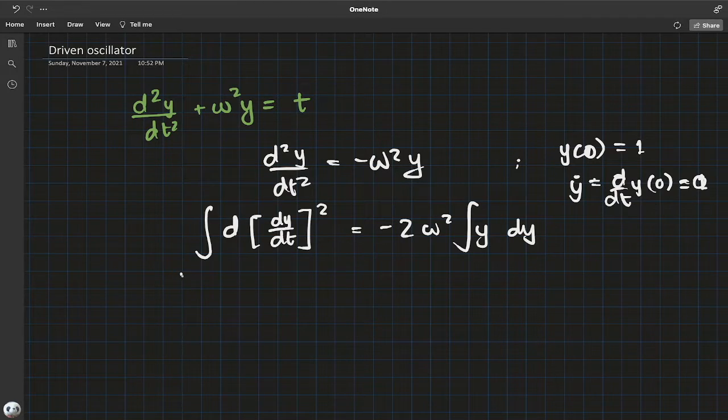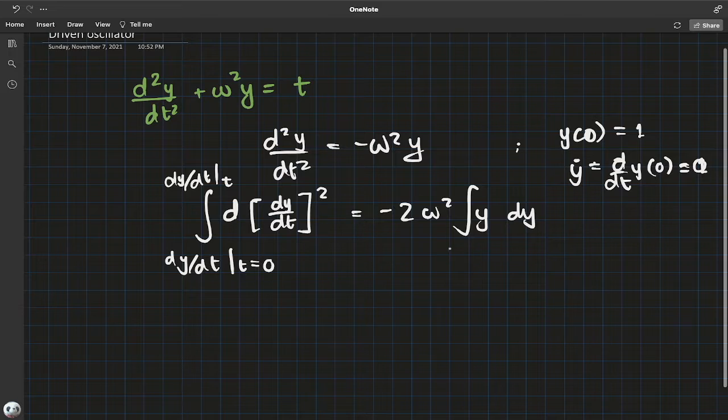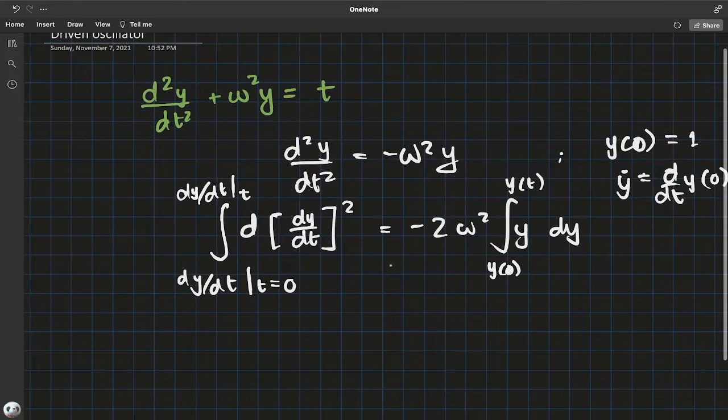So here we're going to integrate from dy over dt at time 0 to say time t. Corresponding to that, we're going to integrate from y of 0 to some y of t. I hope this is legible.